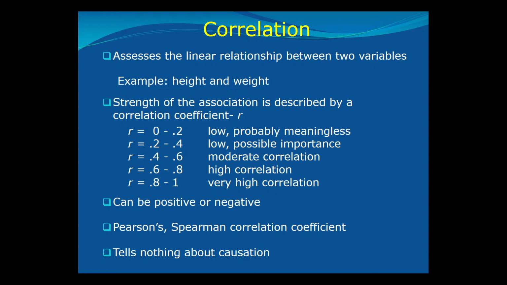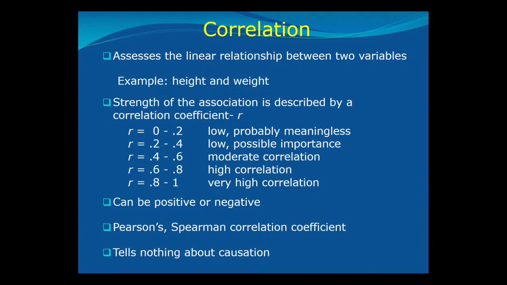If R is from 0 to 0.2, there is a lack of association, a lack of relationship between the variables we are interested in. If it varies from 0.2 to 0.4, it is a low, possibly important association.